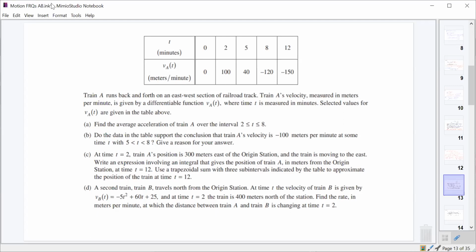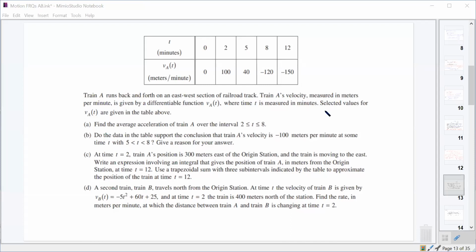So ready, go. So for the train problem here, we've got train A that's got its velocity there in the chart, and we want to find the average acceleration of the train over the interval from 2 to 8. So if we're looking for the average acceleration, that ought to be a change in the velocity with respect to a change in the time. So we'll just do that from 8 to 2.